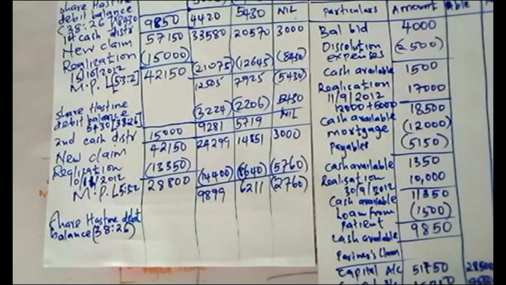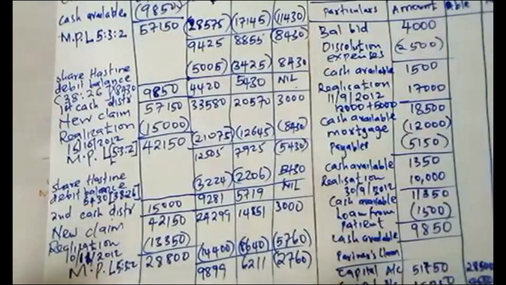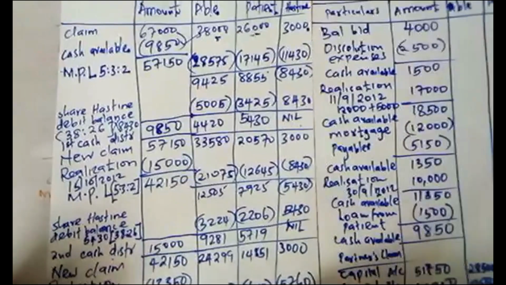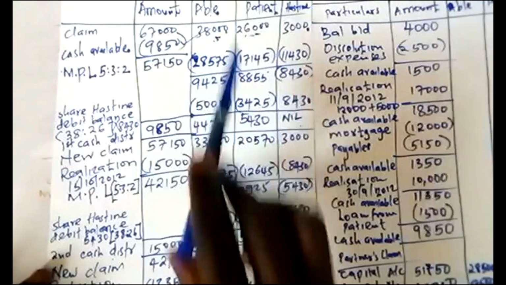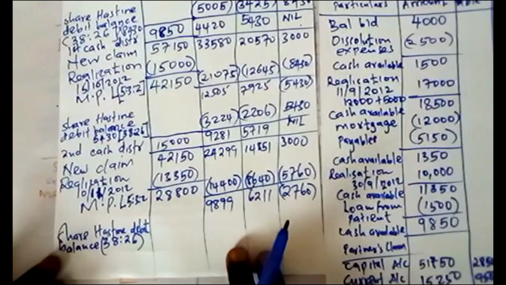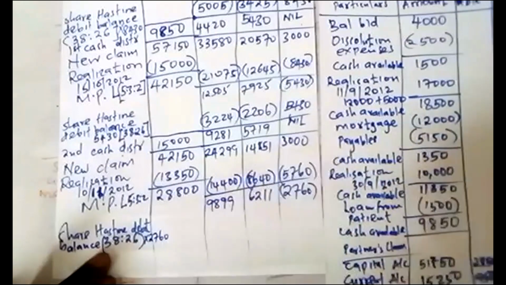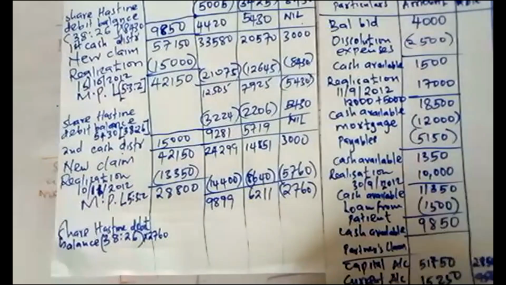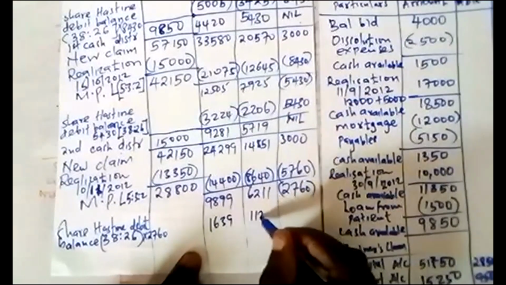The solvent partners are Able and Patient, and their initial capital ratio was 38 to 26. So share that 2,760: 1,639 and 1,121.